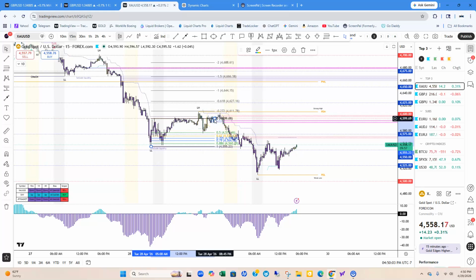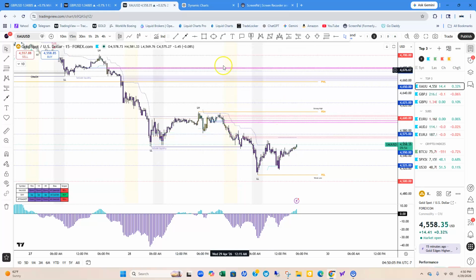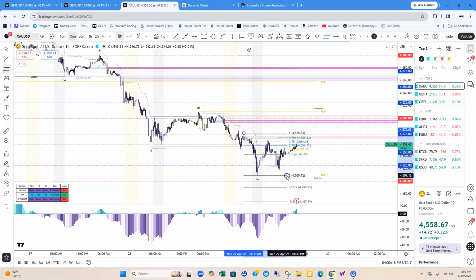And then today, let's see, we had this little impulse going down. So we would have put the fibs from this little high to here. Or maybe this could have been the impulse. No, I would go with this one because it kind of pulled back.